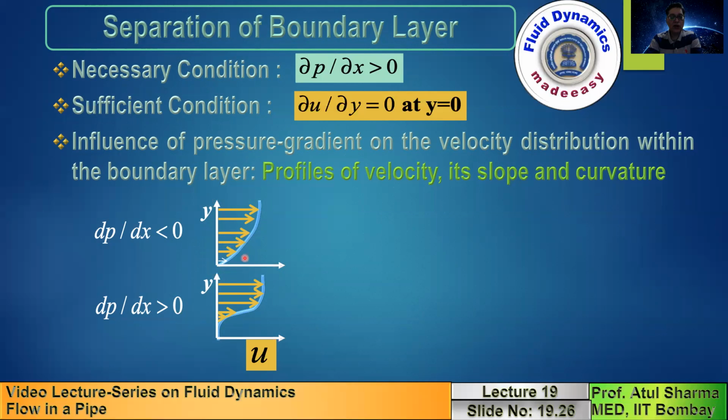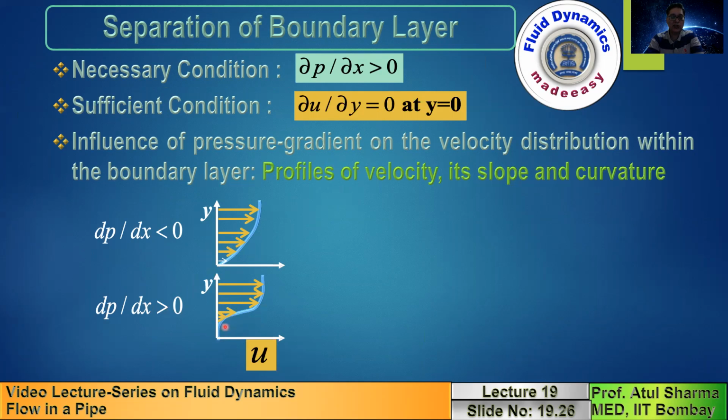In the case of an adverse pressure gradient, as I mentioned, near the wall the fluid has the least inertia as compared to the upper layers of fluid, and is more susceptible to the effect of pressure gradient. If you have an adverse pressure gradient, the net pressure force will decrease its streamwise momentum, and near the wall you can see del u by del y at the wall equals 0.